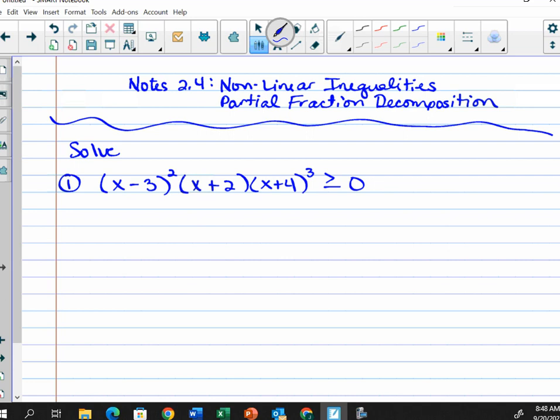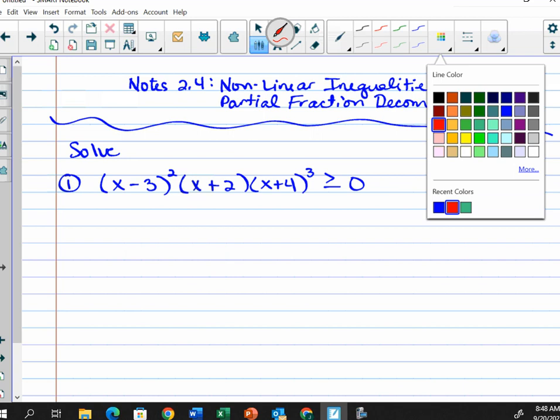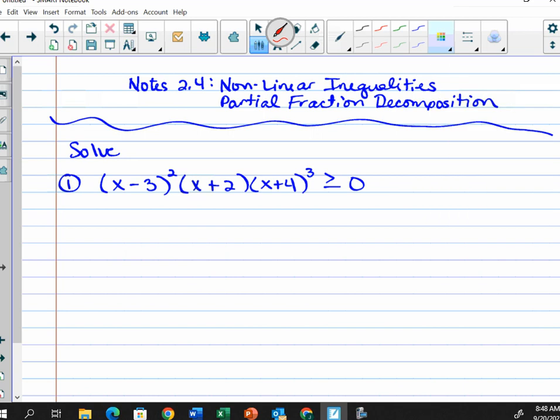So, remember those number lines we were just doing in our warm-up? We're going to solve this with a number line. Technically, you could also graph this polynomial function and tell me where it's above the x-axis, but we're going to do it on a number line first. What are the critical numbers on my number line? 3, -2, -4. Good. And make sure they go in order.